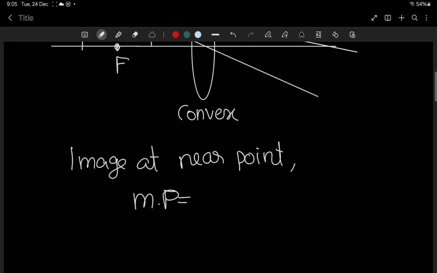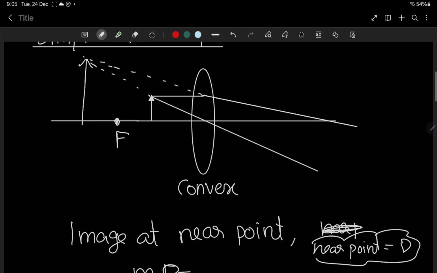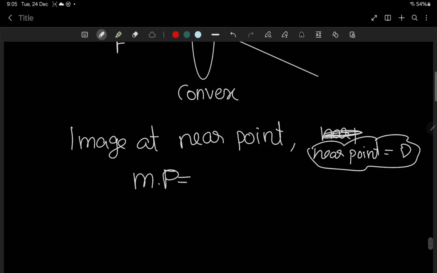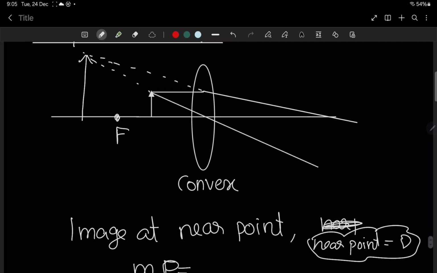So near point is 25 centimeters, and we will show it as D. For the image at the near point, because that's the minimum distance where the image should be found so that we can see the image clearly. You know that when the image is coming near to us, it will be more visible. So at our near point, the image will be more visible, more clear.